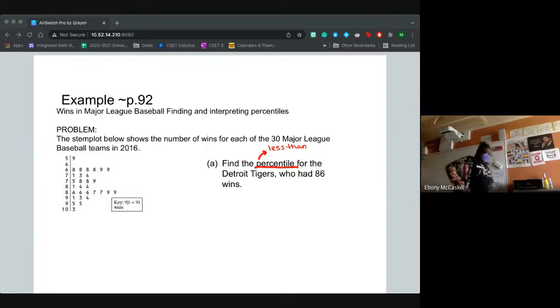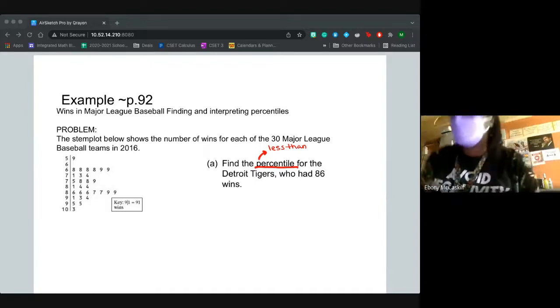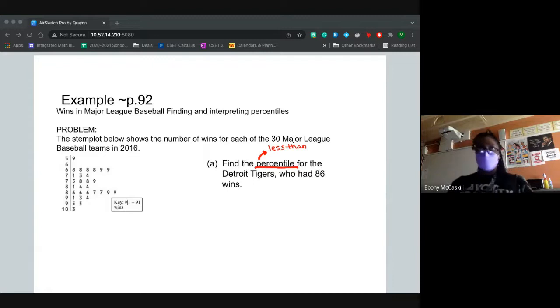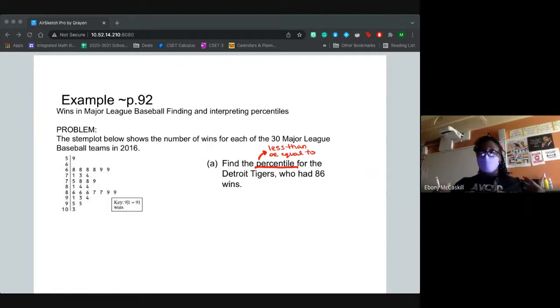Look at the definition. Alrighty, so class, percentiles. Am I right or am I wrong? It's only less than. No? It's less than or what then? Equal to. Great job. So you want to ensure that you also know that it's or equal to. If you do not include the or equal to, you will be incorrect.